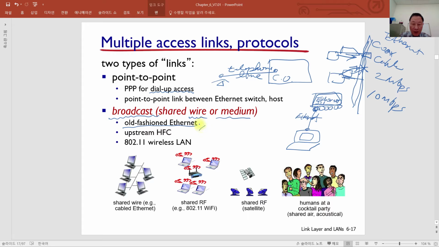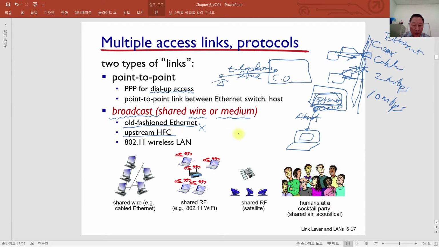We are not using this one anymore. Until probably the end of the 1990s, that was used a little bit. But after the year 2000, mainly we are using the Ethernet switch instead of this one.